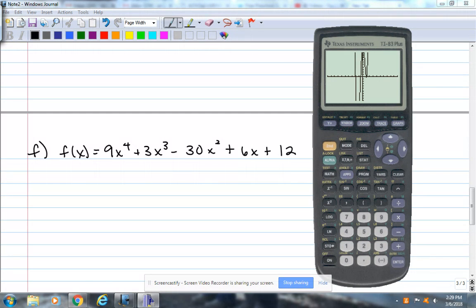Let me zoom. Never mind. Let's guess. Well, that's -4, 5, 6, 7. -2, maybe? And a +1?